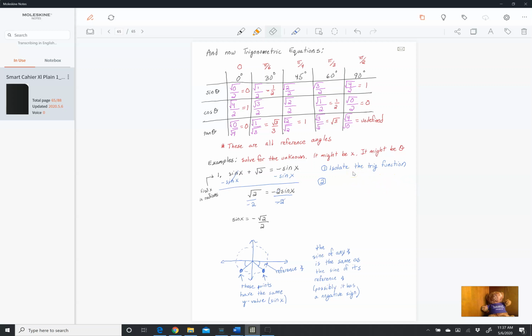Instead of identifying the reference angle first, identify which quadrant you're in. You can do this in either order, but it kind of makes sense to do this first.